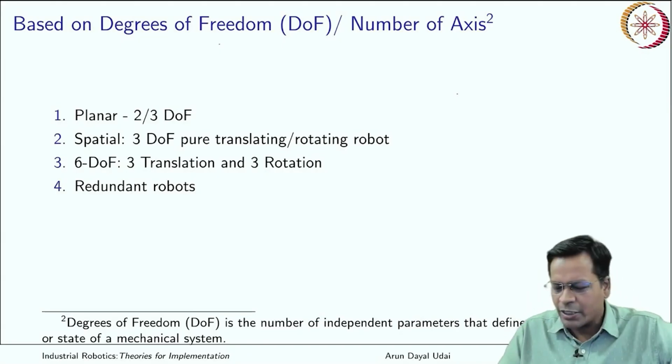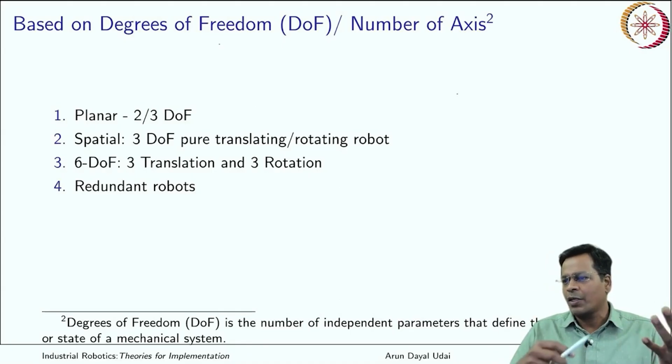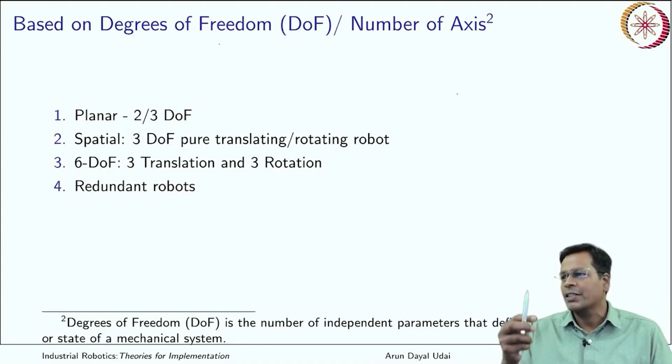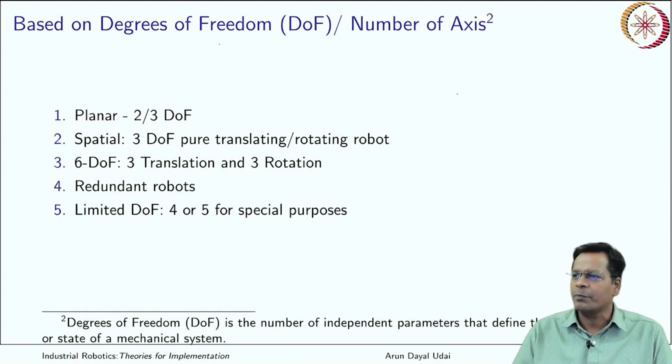So maximum what you can obtain is 6, but input side number of joints can be more than 6. In that case it is a redundant robot. There are few robots which have infinite number of solutions just to go to a place, right? So that is the advantage of having such robots. They are redundant robots. We'll discuss them also.